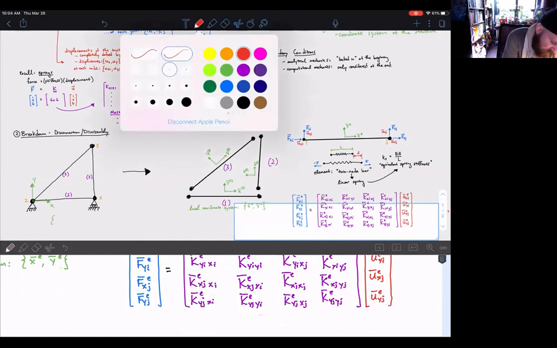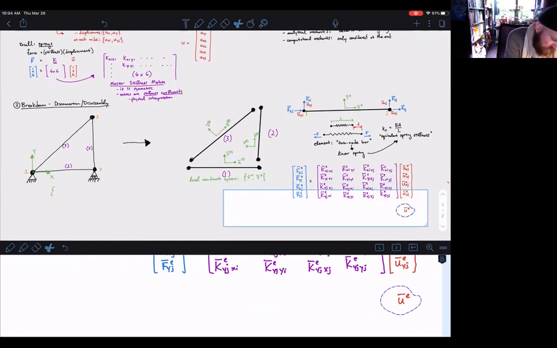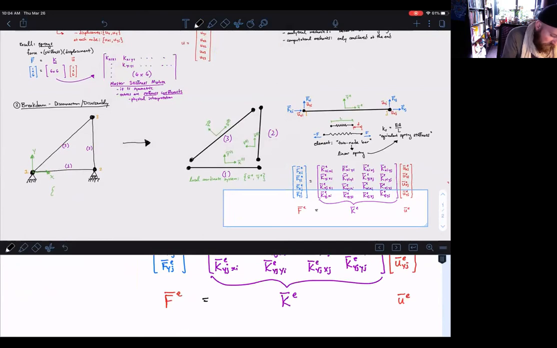And so what we have here is what's referred to as our member stiffness equations.